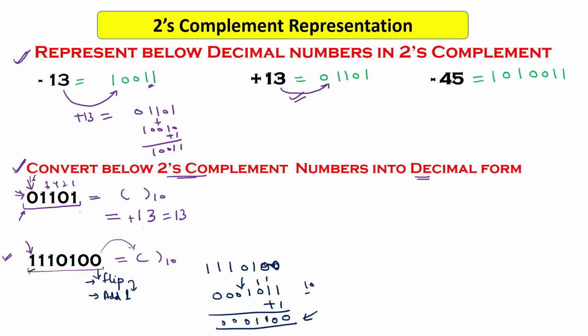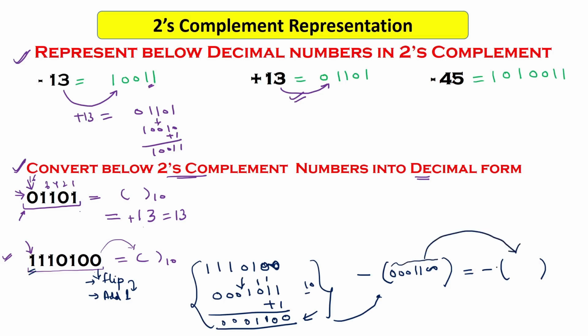So this 1 is telling me the answer will be negative. And after that, all these things I did: I flipped, and then I added 1. So I got 0 0 1 1 0 0. That means this thing. Now what is the next thing? You will simply put minus, and then you will interpret all these bits as the decimal number.